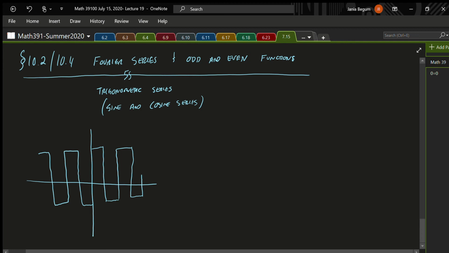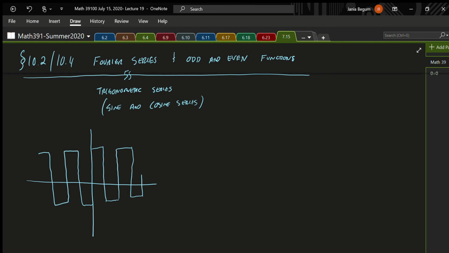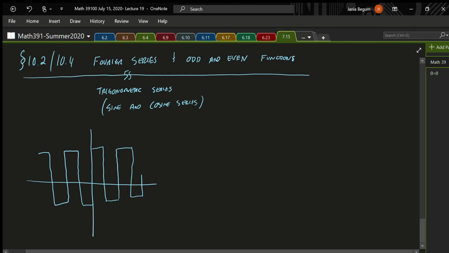Now, what the Fourier series will do is compute a few coefficients using a specific formula, which I'll give to you in a few seconds. It will create this nice smooth curve that will best approximate this weird looking curve that we have, so that your function is smooth and continuous everywhere on the entire real line.